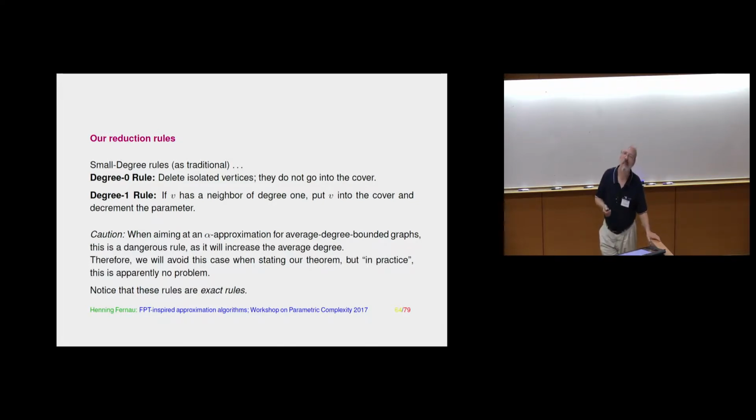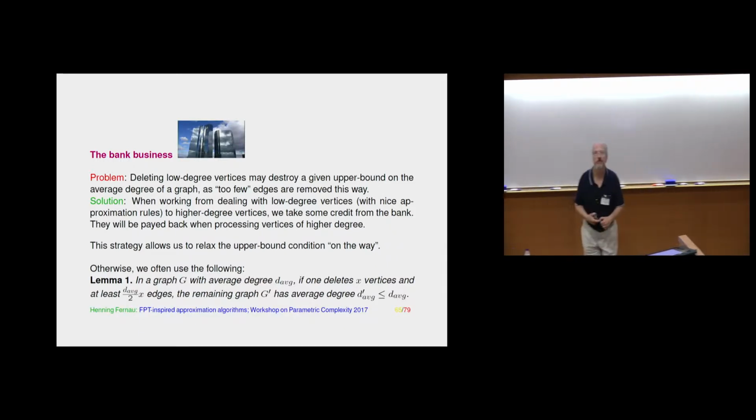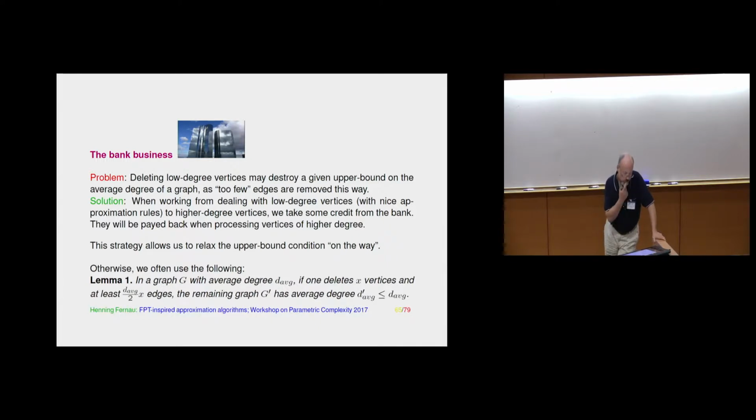So maybe we have to be a bit more cautious if we apply reduction rules in order to obtain approximative solutions only. Put another way, deleting low degree vertices in general, not just degree 1 vertices, may destroy a given upper bound on the average degree of a graph.